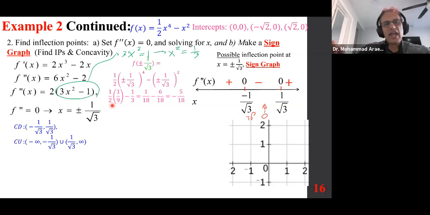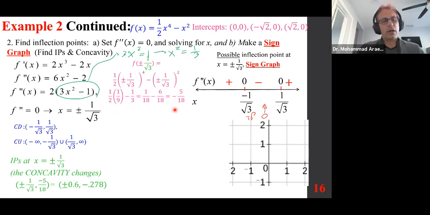So a quick recap, plug in. When you raise it to the power of 2, you get 1/3. When you raise it to the power of 4, you get 1/3 squared, which is 1 over 9. The product of these two is 1 over 18. Therefore, 18 is the common denominator. So minus 1/3 becomes minus 6 over 18, so it's minus 5 over 18.